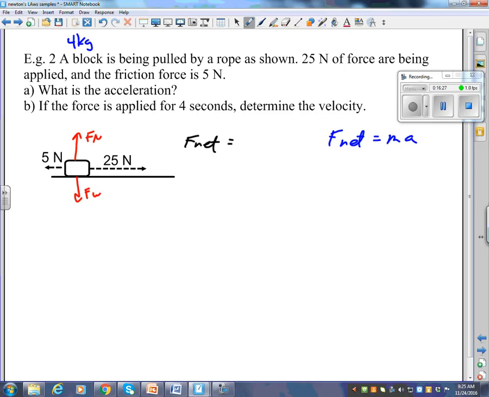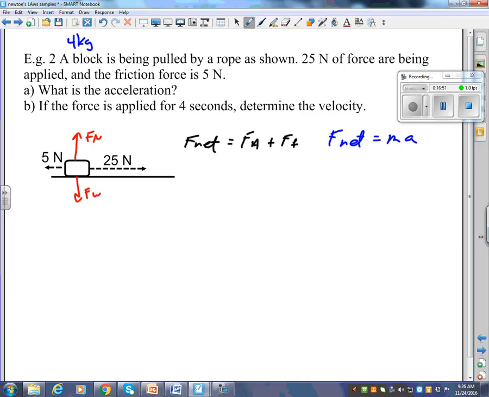F net is. Now, we haven't talked a lot about what F net is. Ladies at the back, I need you to listen so I don't have to explain it to you individually. F net is the sum of all the forces. So we're going to add them all up. So it's the applied force plus the friction force. Do I need to worry about the up and down?